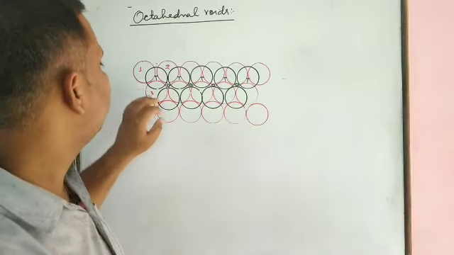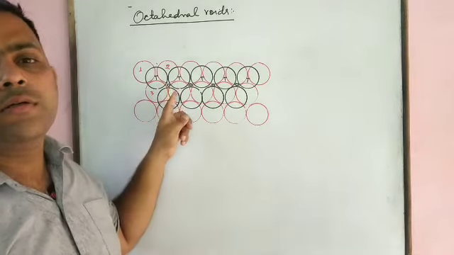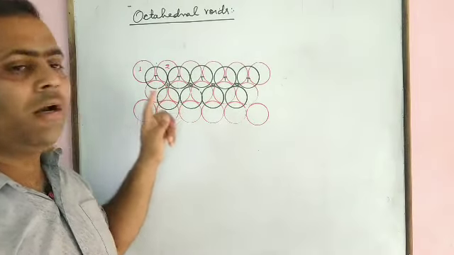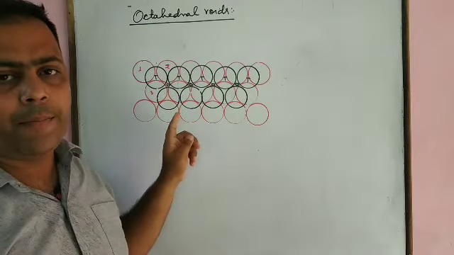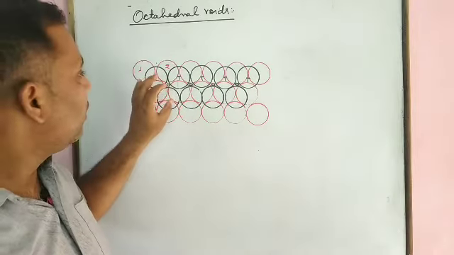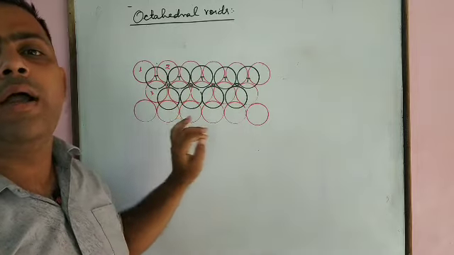It means the triangular voids of the first layer are aligned to those of the second layer, but they do not overlap, and they create a void. That void is termed as octahedral voids.